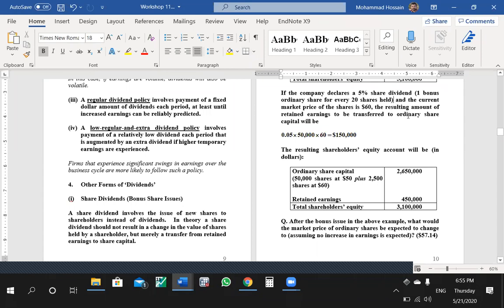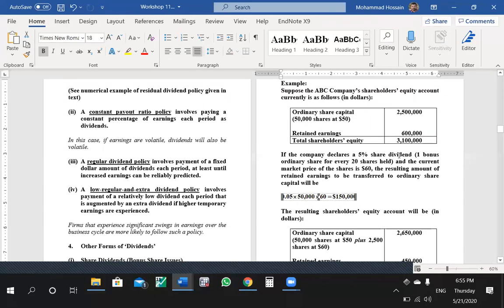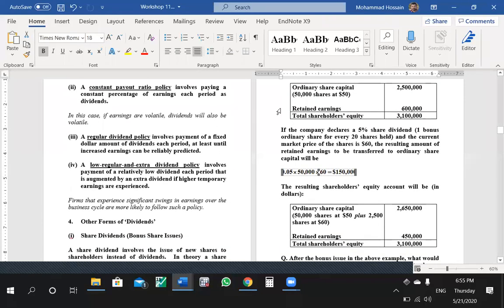The current market price of the shares is $60. The resulting amount of retained earnings to be transferred to ordinary shares will be 150. So they have 50,000 shares, and they'll be given a 5% share dividend.